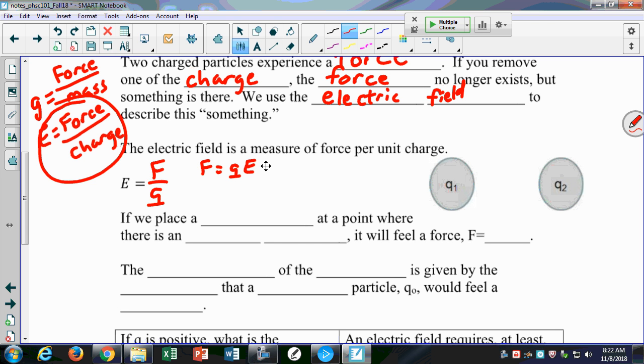So Q is the variable we use for charge. And then often we write it like this, F equals QE. Notice this is a lot like Newton's law, F is equal to mass times g, m times g. The mass is an inherent property of matter, and the g is a measure of the gravitational field. So it's a lot like Newton's second law, this idea of electric field.